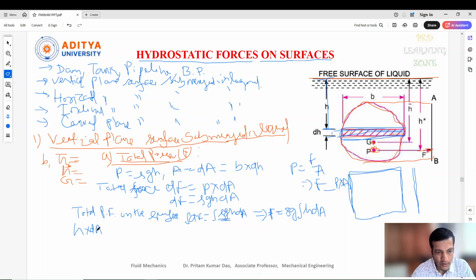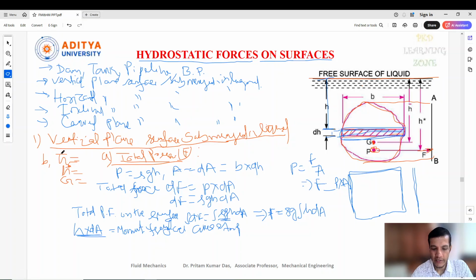The concept of this h into dA is nothing but the moment of the surface area. So this h into dA we can write as the moment of the surface area of the strip.